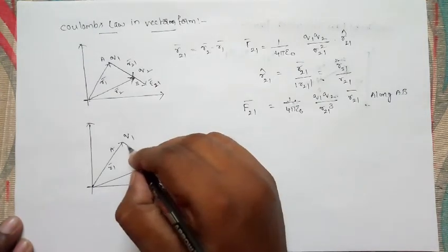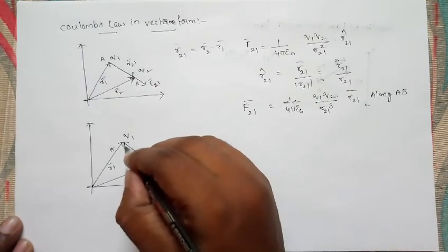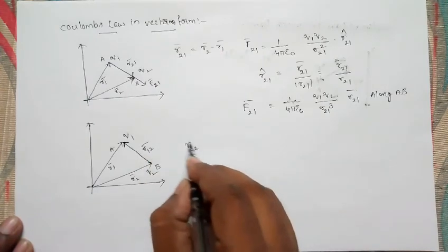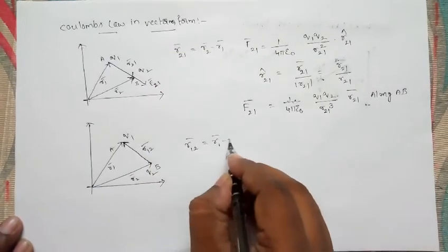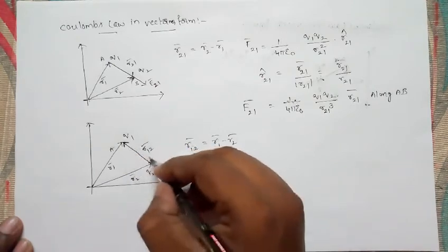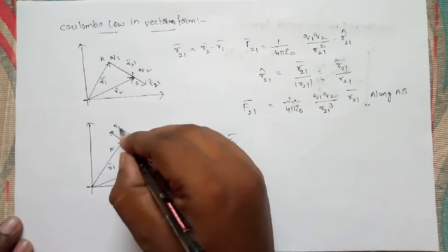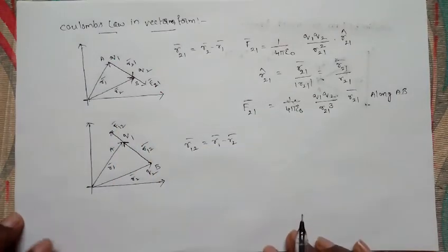Now this line joining them is R12 bar. So here R12 bar equal to R1 bar minus R2 bar. Then this is the force acting on 1 due to 2, this is F12 bar.